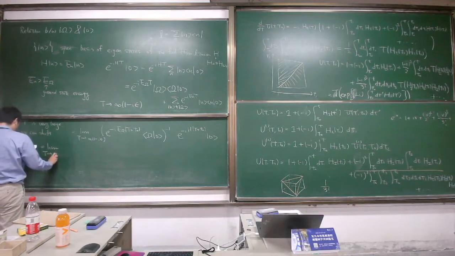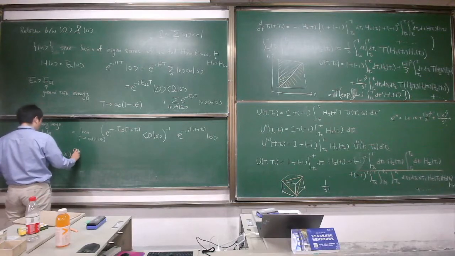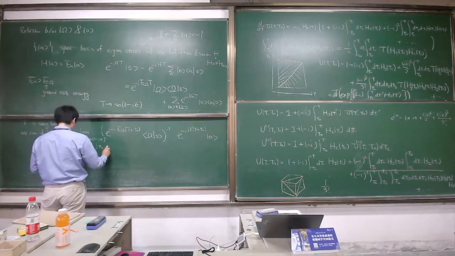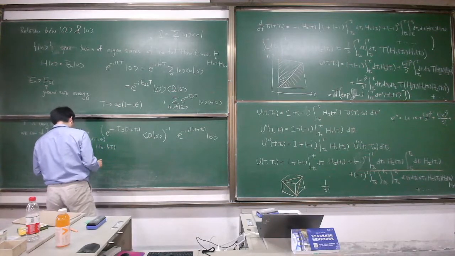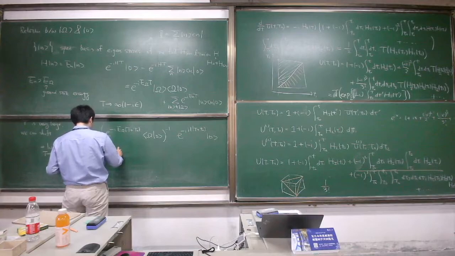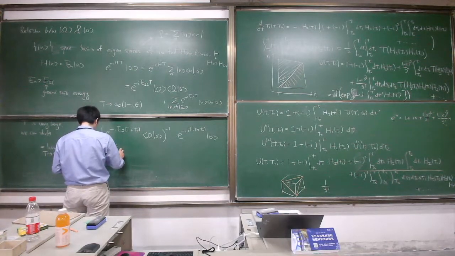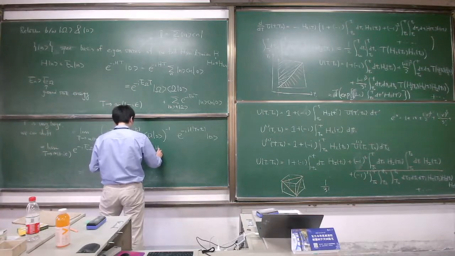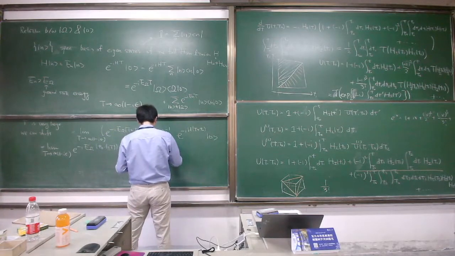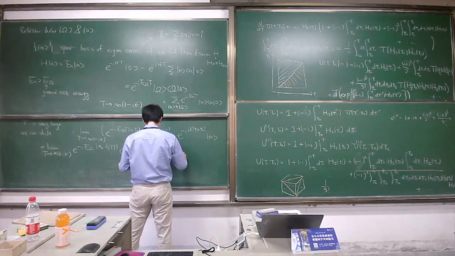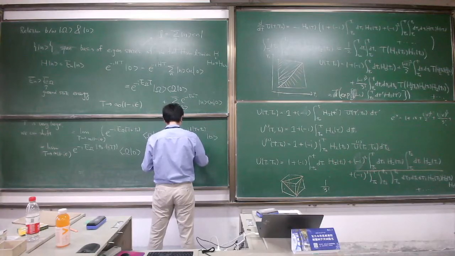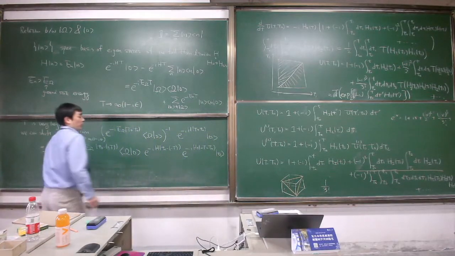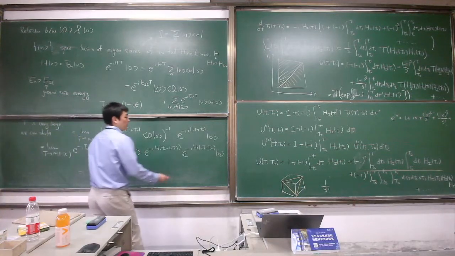T goes to infinity(1 minus iε) of e to the minus i E_Ω, e to the minus iH t naught, minus, and here I put this new operator.